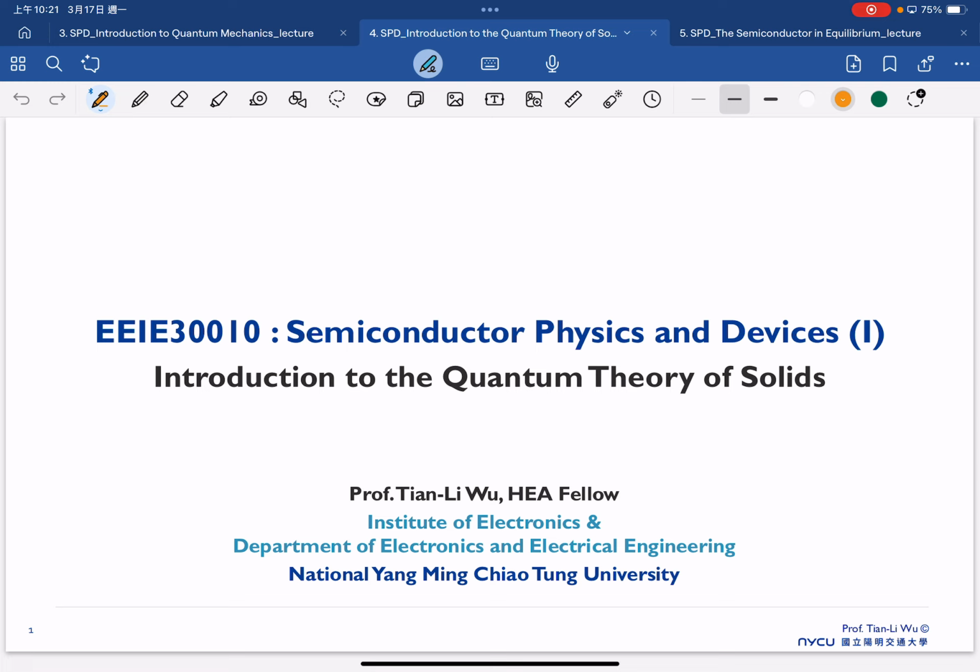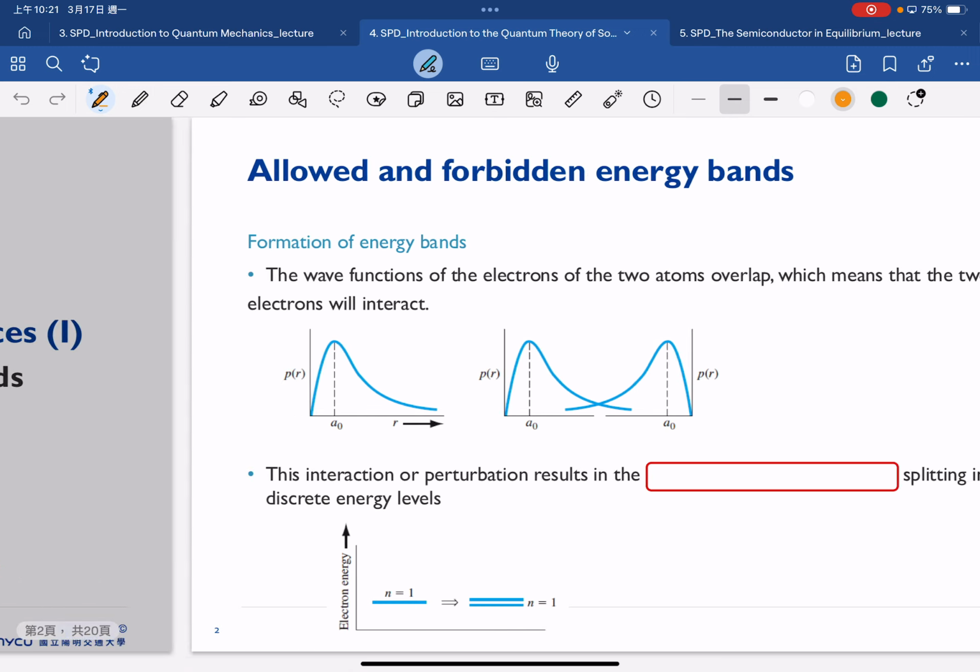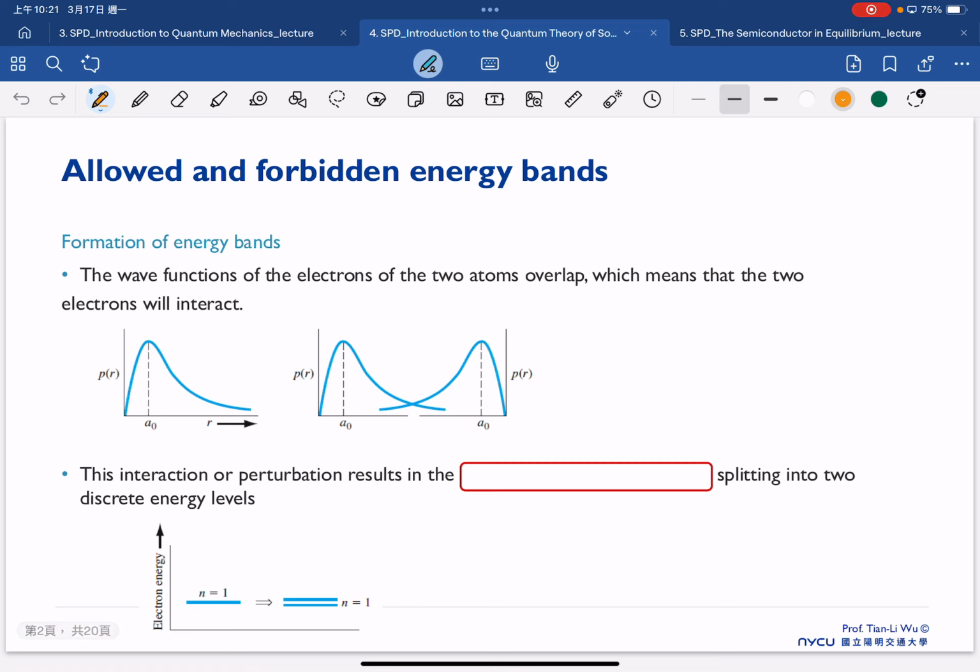Okay, so now we move to the next one, where we start to use some of the quantum theory for our solids, which is just our semiconductor. The main point here is to try to understand why there is an energy band, this kind of concept.